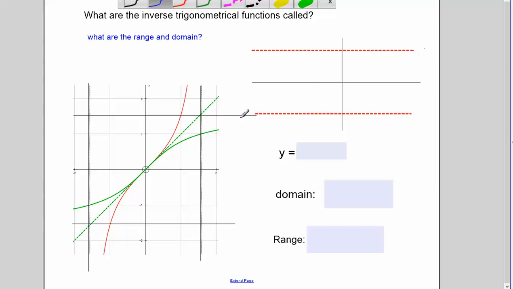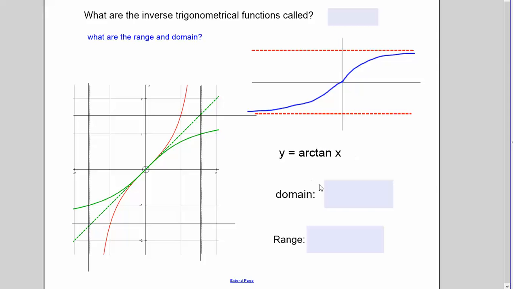So our inverse function starts off at 0 and goes along the asymptote, and then underneath must do the same thing, so comes up like that. So that's the shape of our inverse tan function, and the same as the other ones, let's call it arctan. So y equals arctan x.